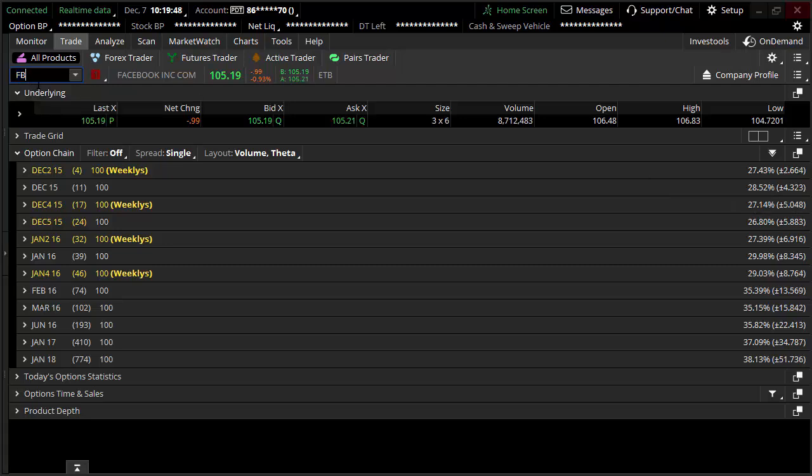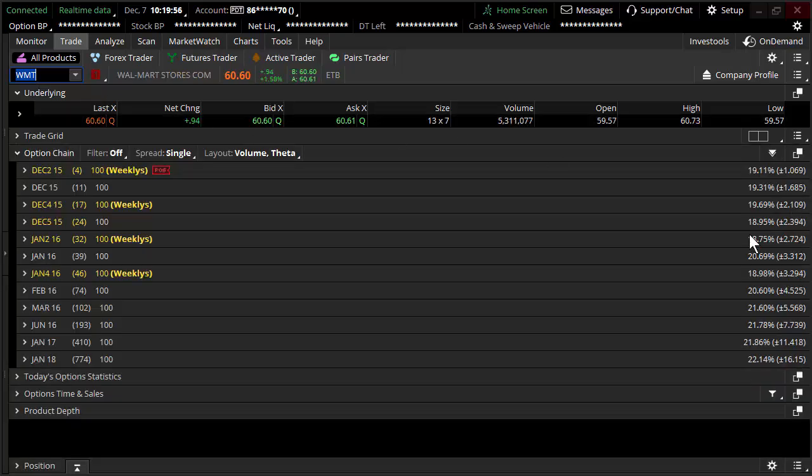Then compare something like Facebook to another product like Walmart. You never thought to compare Facebook to Walmart, but for capital allocation, it's capital allocation. So Walmart's got about a 20% implied volatility, and Facebook's got like a 28% implied volatility.